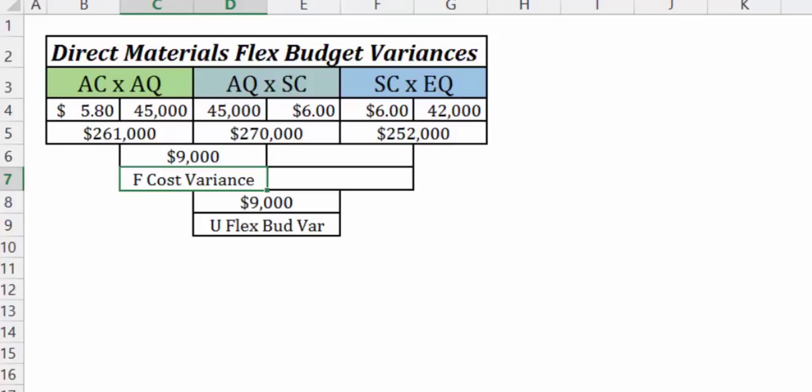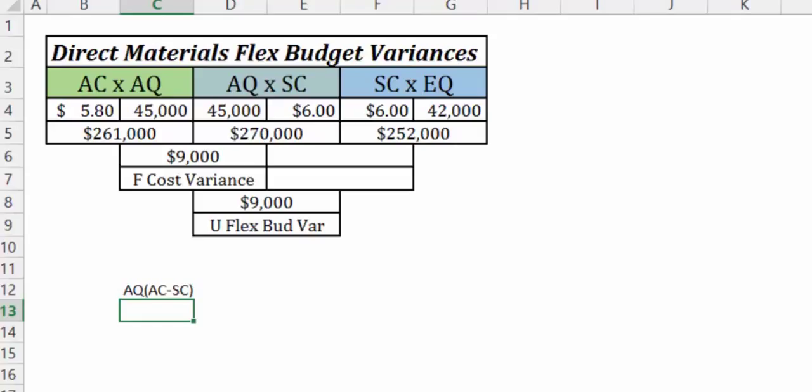It talks about how much the cost varies. There is a way to do this with a formula as well, and I'm not going to run through most of the formulas, but they can be derived from this table. So in this case, what we would have is actual quantity times the difference between actual cost and standard cost. So there is our formula.